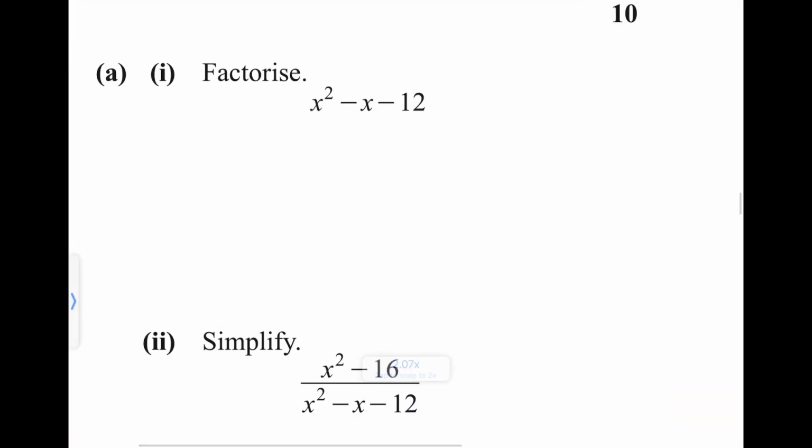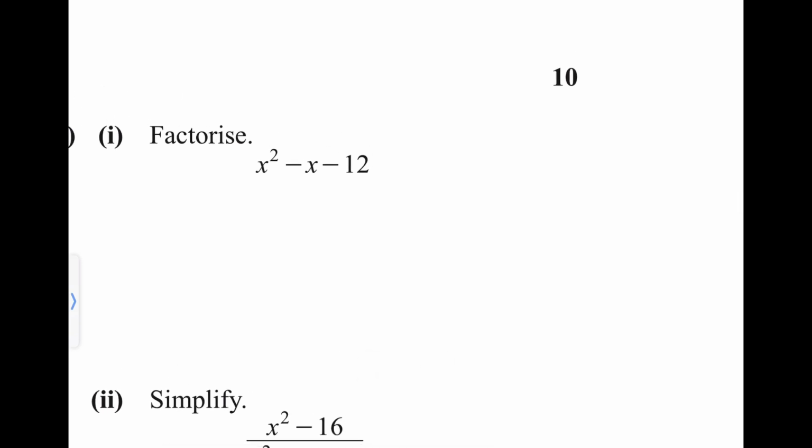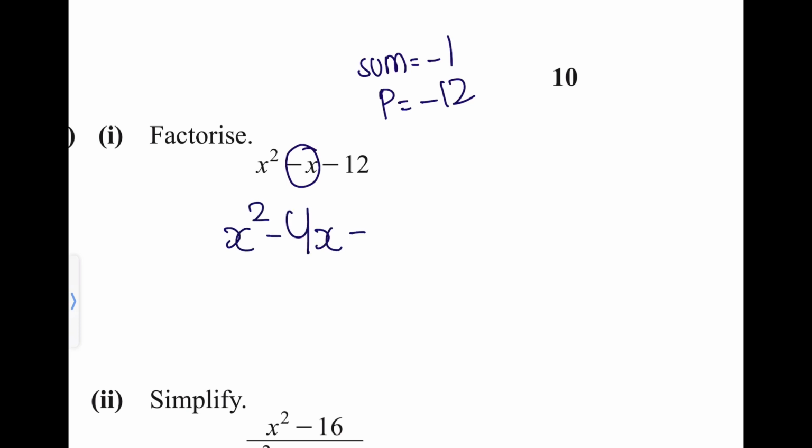Moving on to the next question, which is about algebra. Factorize x squared minus x minus 12. Now we need two numbers whose sum is -1, because we got it from here, and whose product is -12. So you can take -4 plus 3, which will give you -1, and -4 into 3, which will give you -12. So x squared minus 4x plus 3x minus 12 is equal to 0.